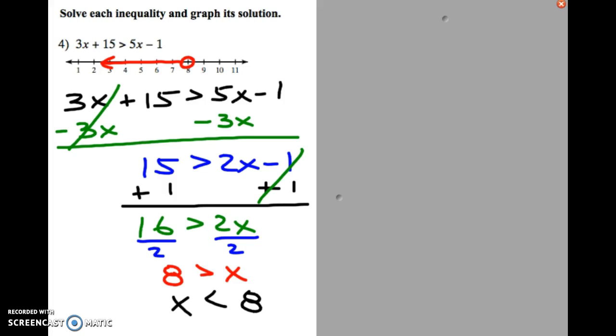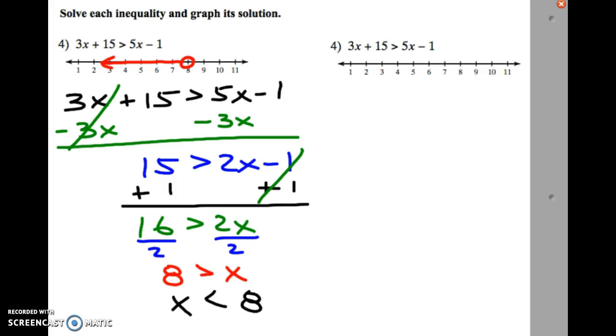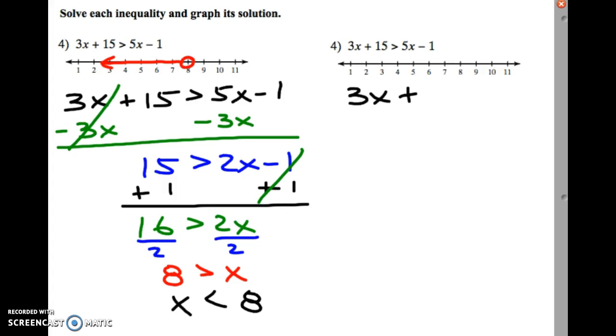Now, like I said, there were a couple different ways to do this. Let's look at another way. Once again, let's rewrite this out so we've got some space to work with. Now, instead of subtracting the 3x over, let's say we wanted to move the 5x over. So we like having that variable on the left side of the equation.